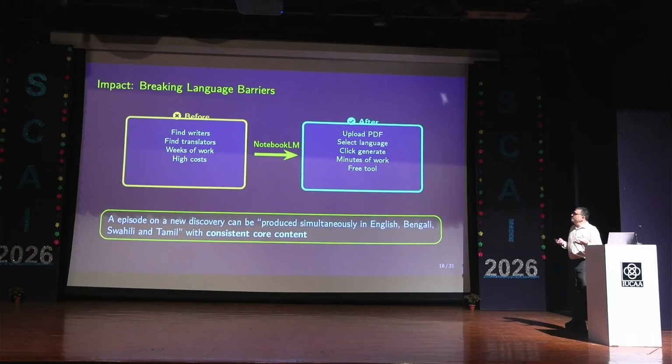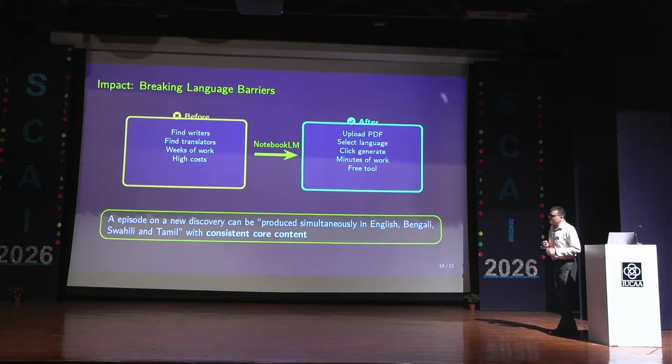And you're actually breaking the language barrier because you don't have to worry about finding writers, finding translators and weeks of work and high costs and so on. Just use Notebook LM, upload the PDF, select the language, click generate, and then a few minutes of work with editing and so on, and using a free tool, and you're done.